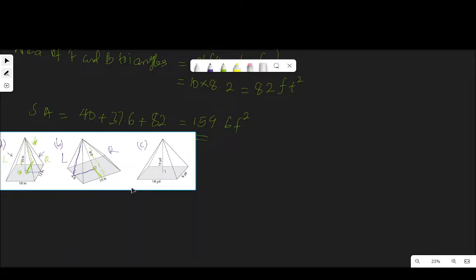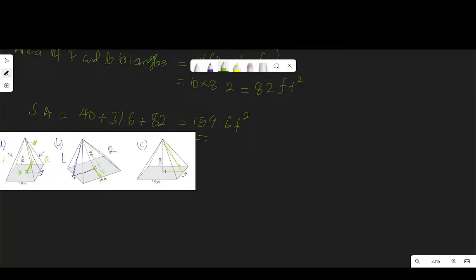Okay, for the last one, again we apply the same method we have been using to get the height of the triangular faces. So if I draw a line here, down here, and then draw another line down like this, that is the height.